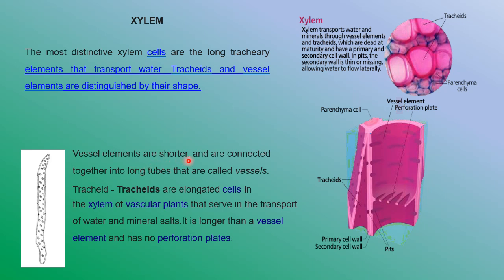Vessel elements are shorter and are connected together into long tubes that are called vessels. Tracheids and vessel elements can be distinguished by their shape, and the vessel has long elements and there is no perforation plate.